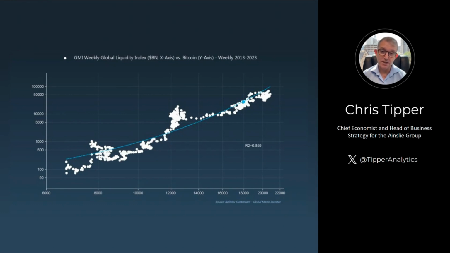But those exponential upside spikes actually reduce the correlation slightly. So it's actually a very strong indicator to get a number as high as 0.86 on that R squared that we get for Bitcoin when comparing it to global liquidity. So that is a very compelling reason why I initially started looking at this in the first place.